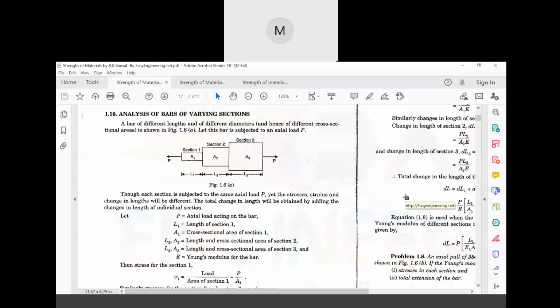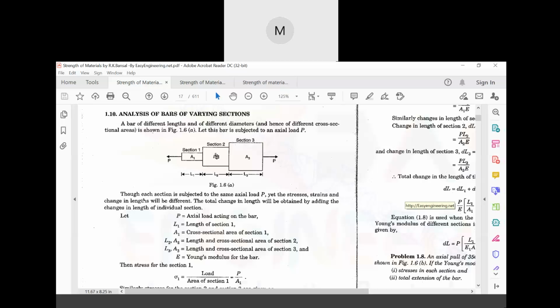Now, for here, P is the axial load that is acting on the bar for this particular case. L1 is the length of section 1. A1 is the cross sectional area of section 1. L2, A2 are the length and cross sectional area of section 2.